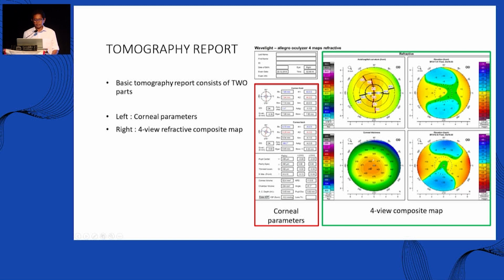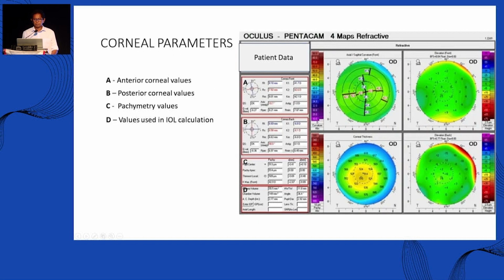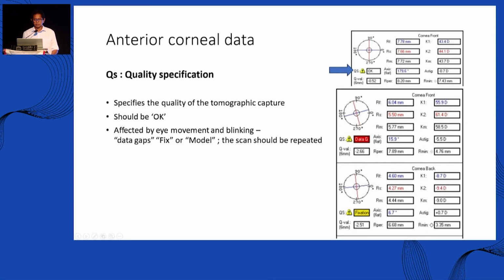So on the left-hand side are the corneal parameters. It looks at the corneal front surface, corneal back surface, and then the pachymetry values, and there are some values which are used in IOL calculations.